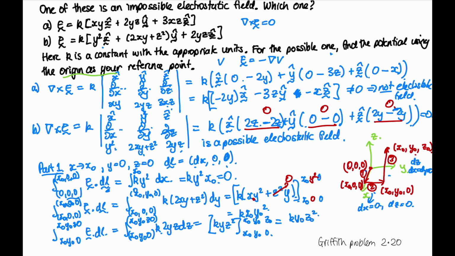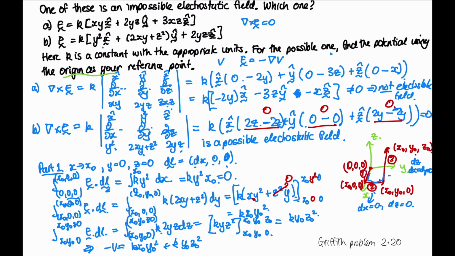And so summing these up, because we need to sum the integral over all these different paths, gives us that the integral of the electric field, which is equal to negative the potential, kx naught y naught squared plus ky naught z naught squared.